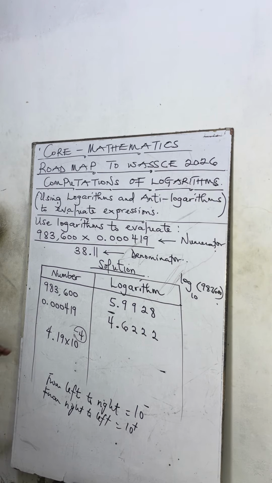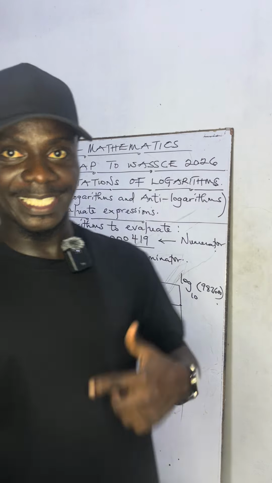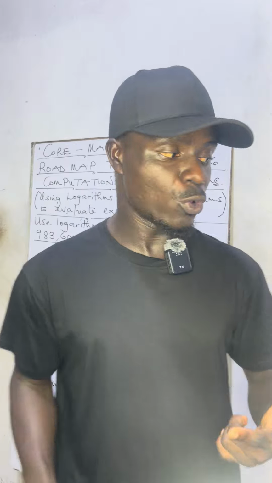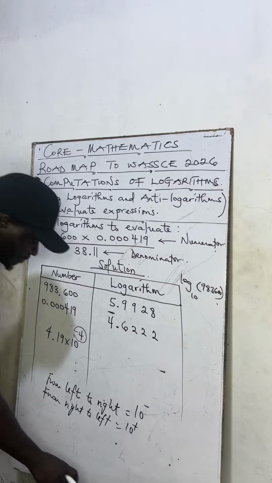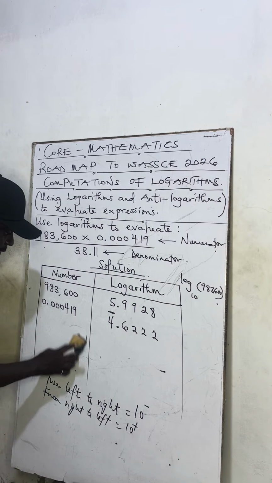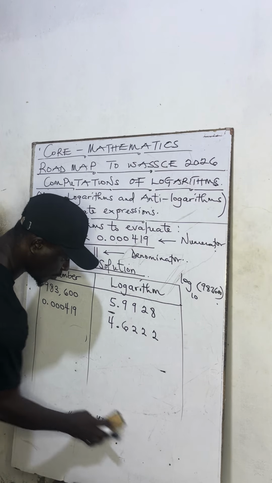Very, very simple. So this is what we have. If you don't understand, please play back the video for better understanding. It's very simple. So follow me as we solve it gradually. Now let's proceed.